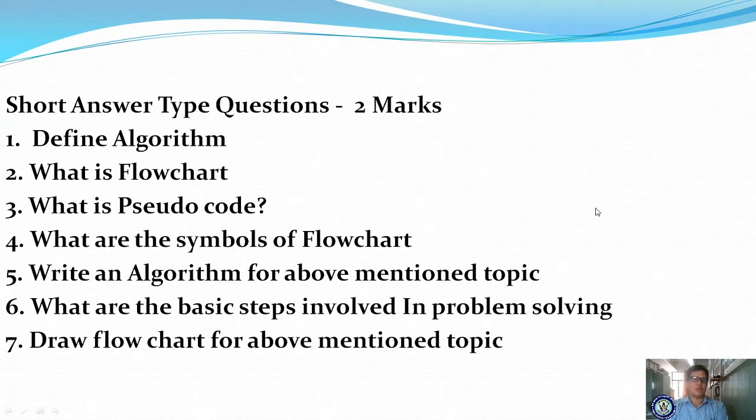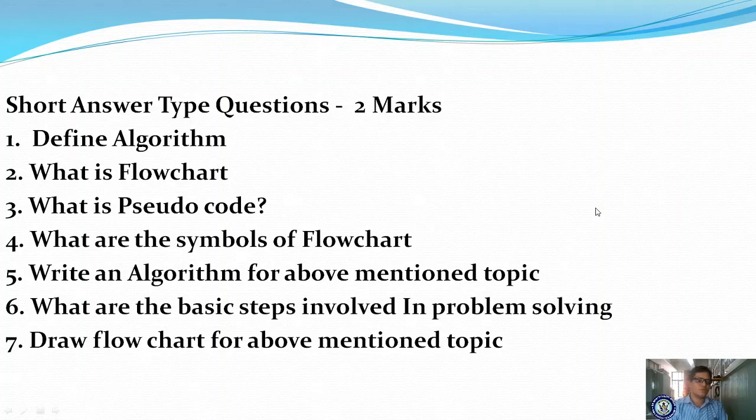In this chapter, these are the 2 marks questions that may be asked. Pseudocode, flowchart, algorithm may be asked, so get ready for that. What are the symbols of flowcharts may also be asked. Write an algorithm for the topics like simple interest, prime numbers, palindrome, factorial, sum and average of 3 numbers, and biggest among 3 numbers.